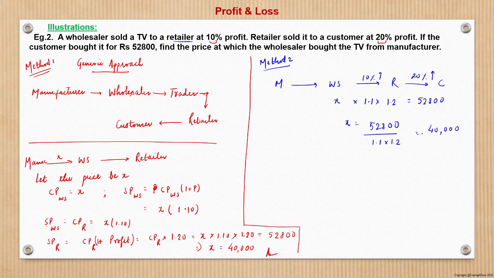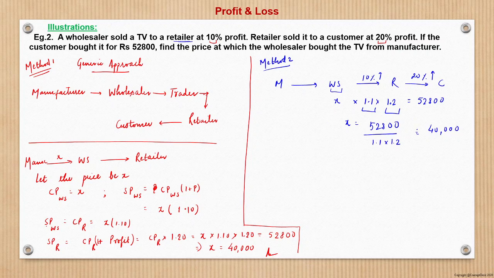Essentially we are doing the same thing we did in method 1. The only thing is that now we are directly approaching the question using this pictorial representation rather than assuming and breaking at every level. Initially the cost price was X, then it got an increment of 10%, so 1.1, then further it got an increment of 20%, so multiplied by 1.2, and the resultant value is 52800, right?